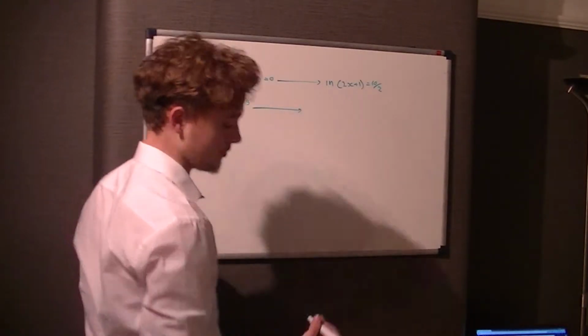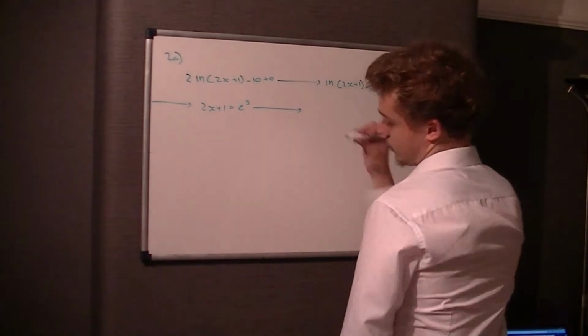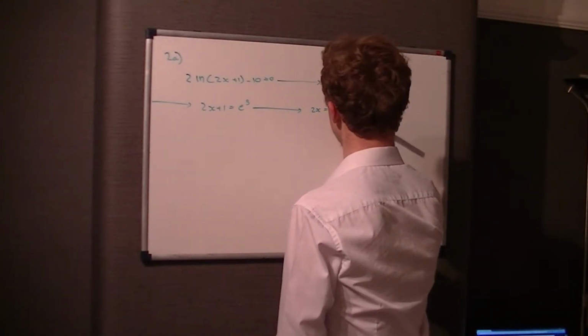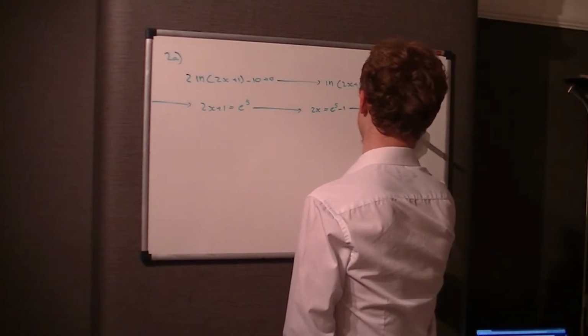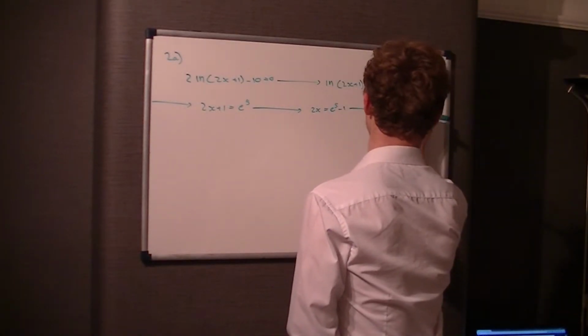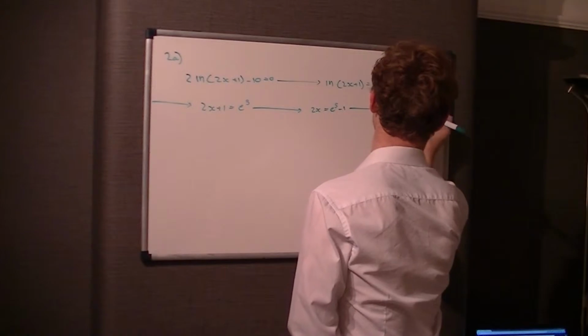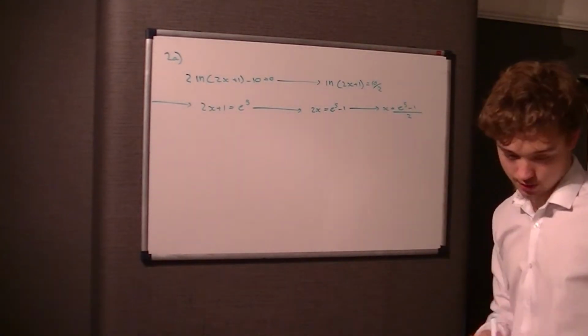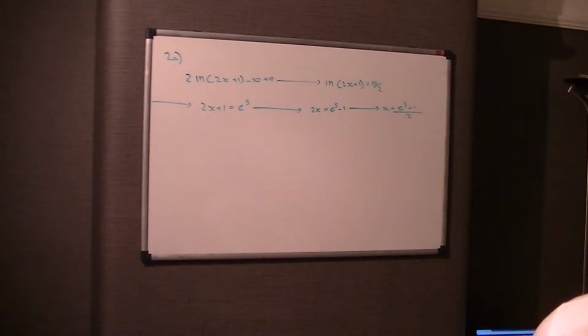Then simplify: 2x equals e to the 5, take 1. Therefore x is (e to the 5, take 1) all over 2. That's in exact form, you can't do anything else with that. Tickety-boo, you've got full marks for that question.